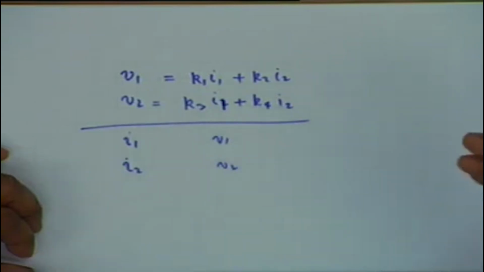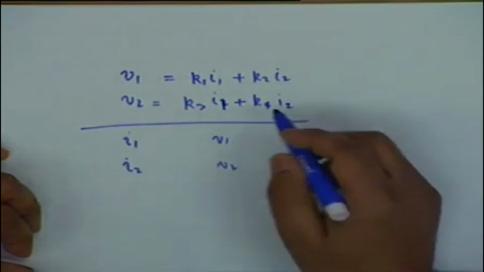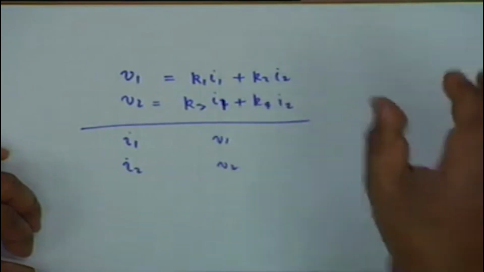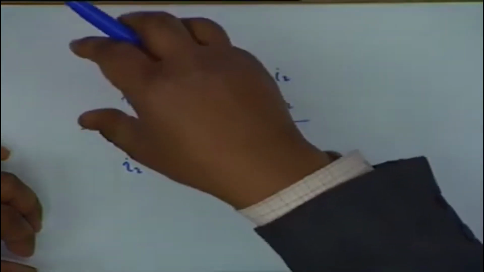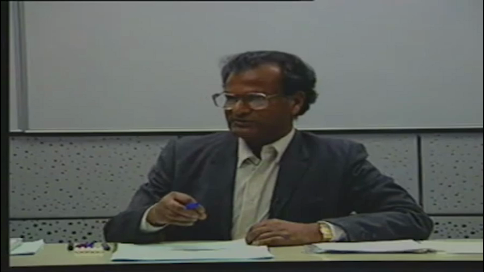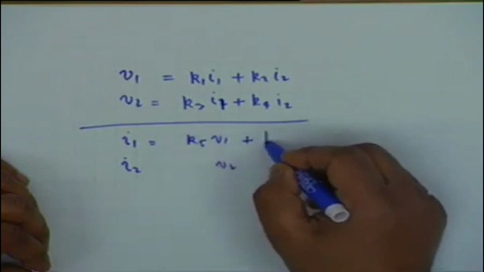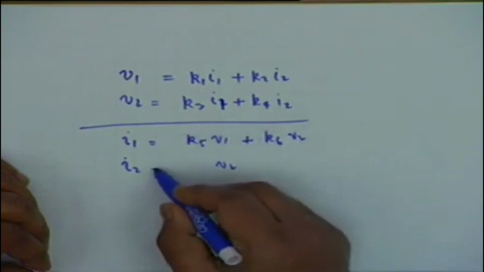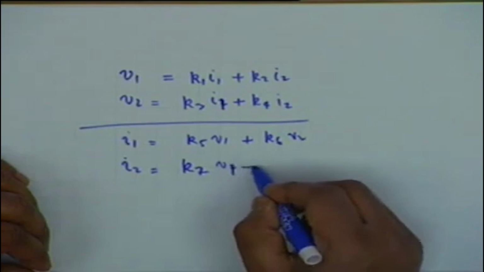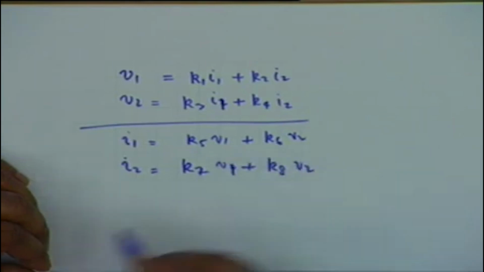That is, pardon me, superposition. That's it. I1 and I2 are independent variables, they are sources, and therefore you can determine the responses to each independently, then add them up. Similarly, you can write I1 equal to K5 V1 plus K6 V2, and I2 as K7 V1 plus K8 V2.